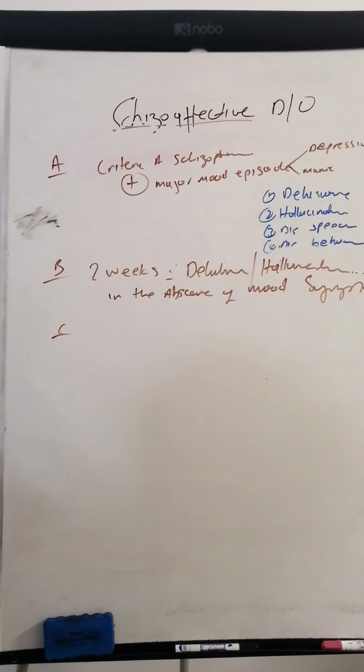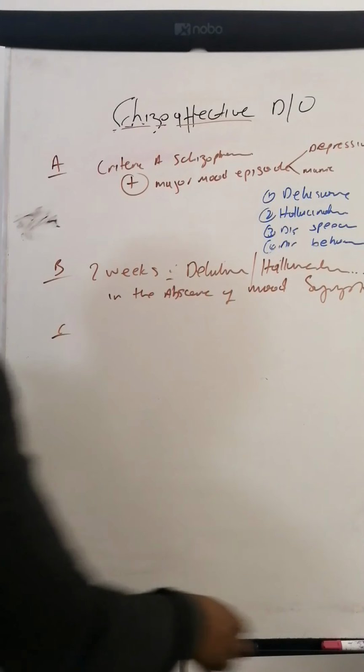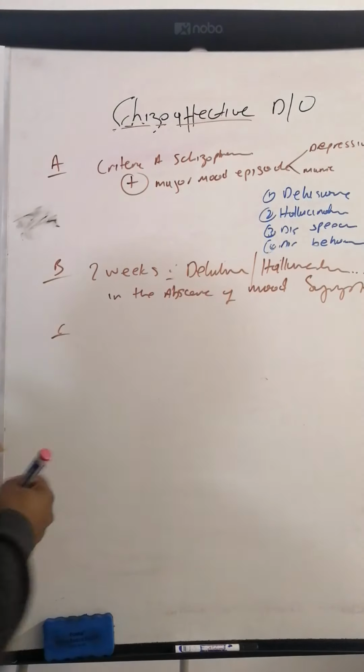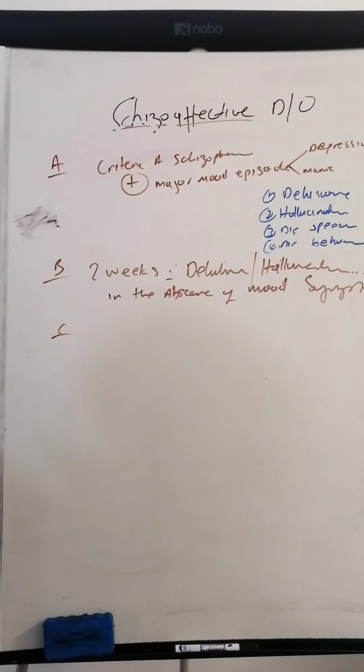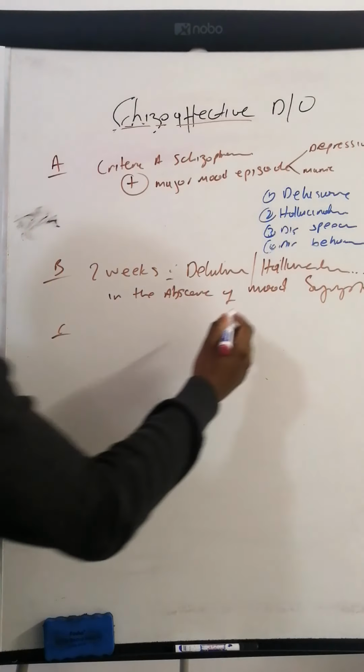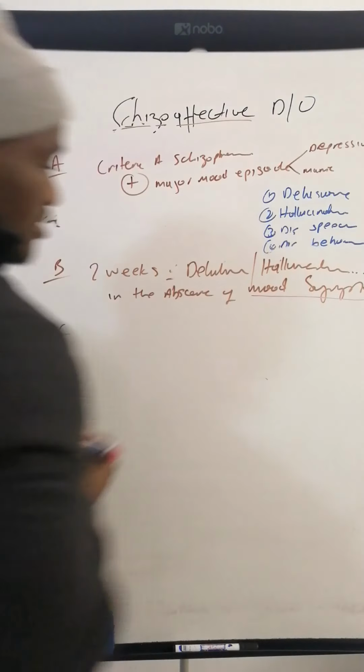So in order for us to meet criterion B, we must have 2 weeks whereby we either have delusions only or hallucinations only in the absence of mood symptoms.